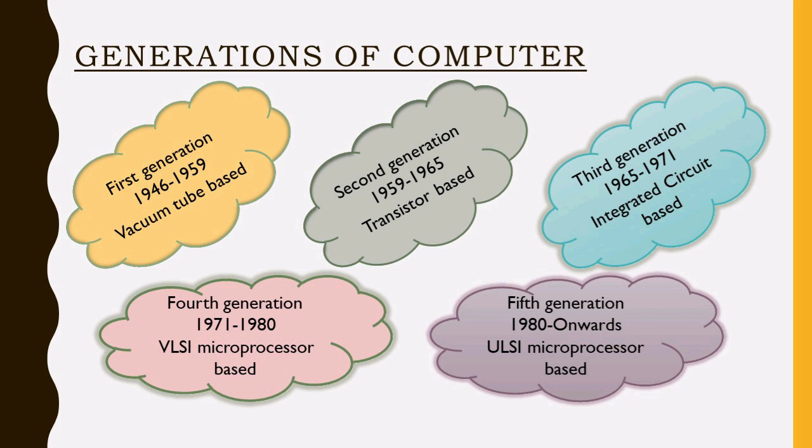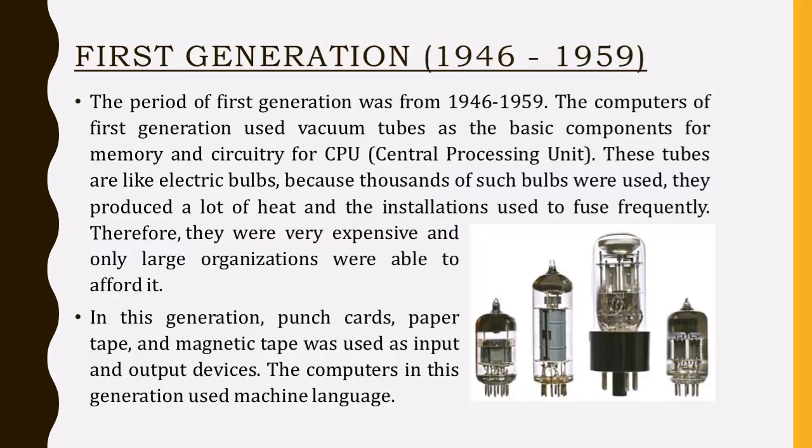The VLSI microprocessors are still used in our PCs. The next is the fifth generation, which started to develop from 1980 till now. It used ULSI microprocessor based technology, where ULSI stands for Ultra Large Scale Integration. Now let's study about them one by one.